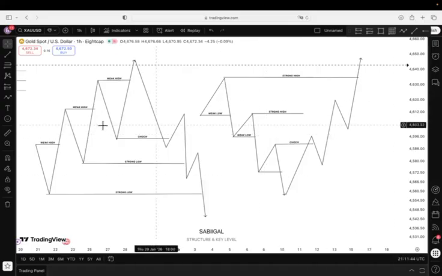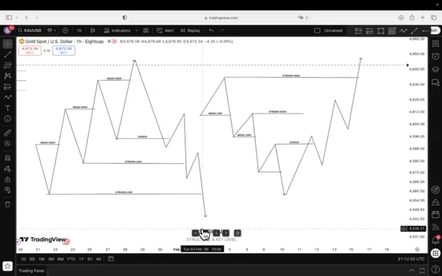Simple. Now, this is basic market structure. It is as simple as this: higher high, higher low, higher high, higher low, higher high, higher low, higher high. Change of character: a strong low gets taken out. Lower high, lower low, lower high, lower low. Simple.